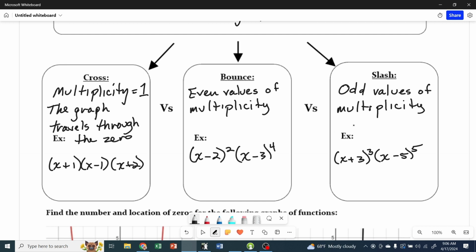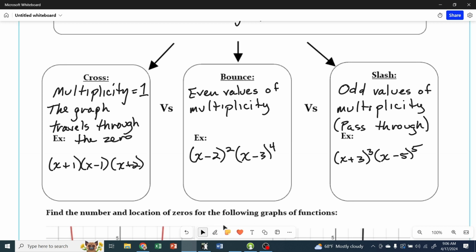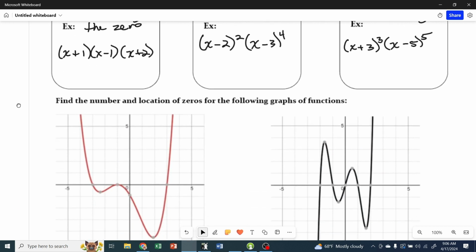Okay, so this passes through also, but it does it in a certain way. It gets very flat, or like a 45-degree angle or less. Okay, so let's take a look at some graphs and we'll be able to see what this is.